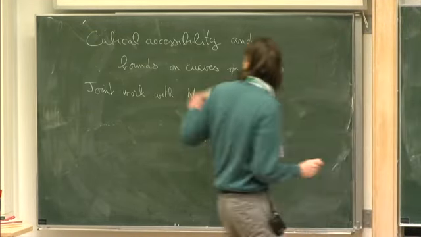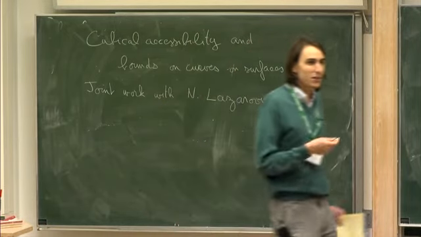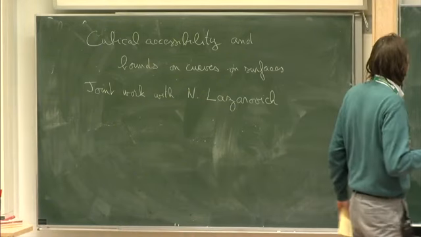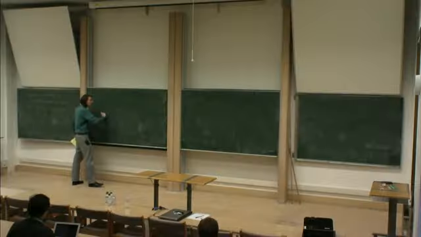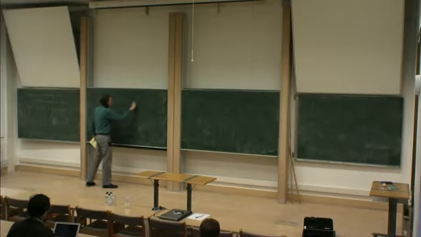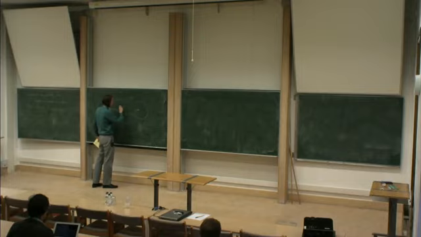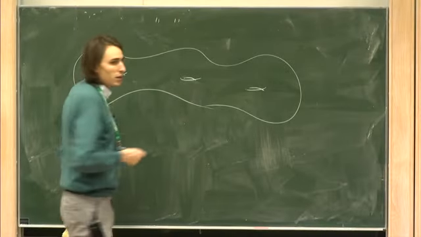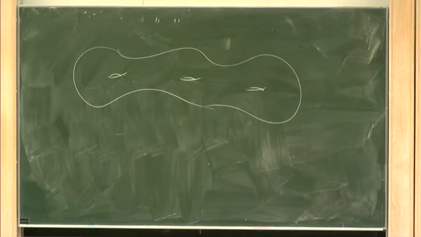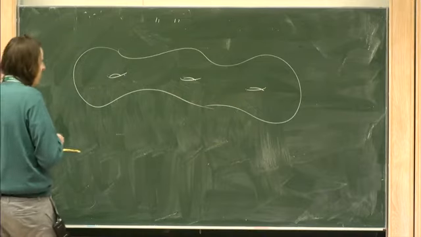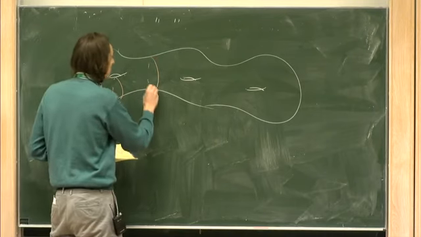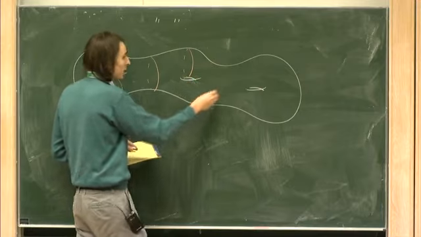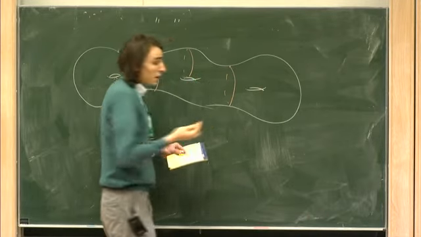I'm going to start with the second part of the title, and there's a very natural question, which is: you take a surface and you want to put a bunch of disjoint simple closed curves on it. Something like this.